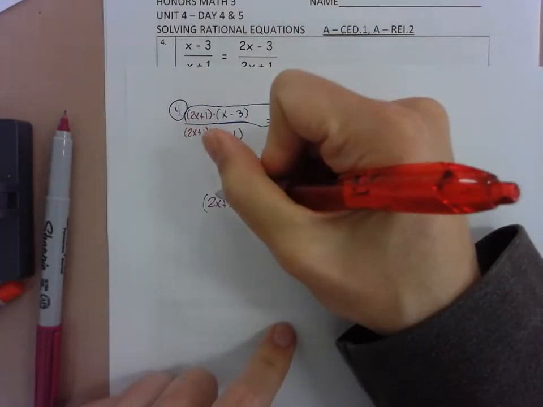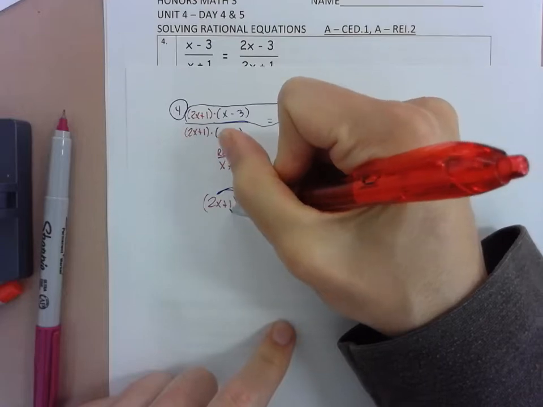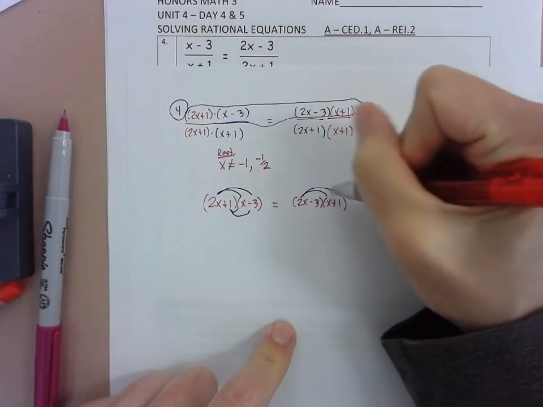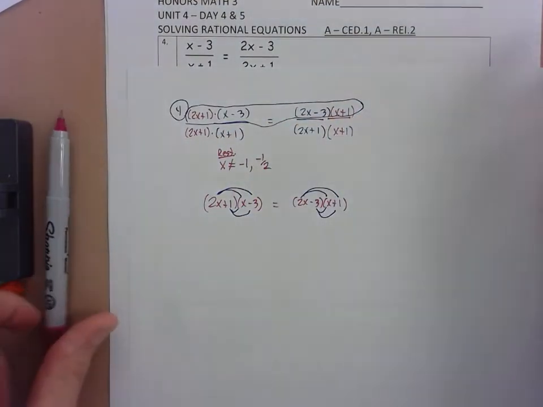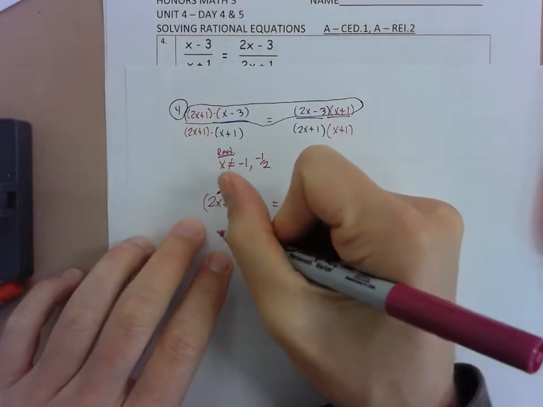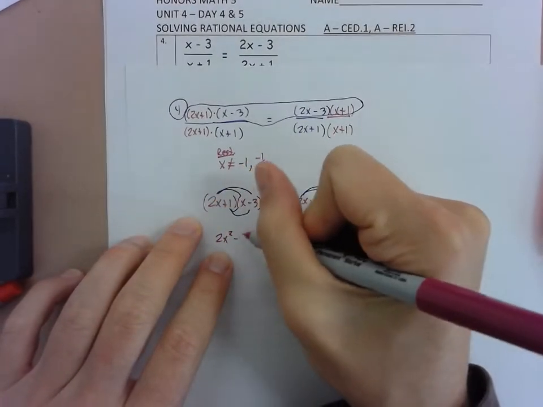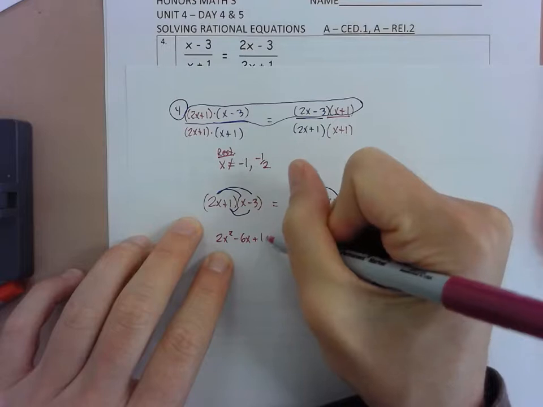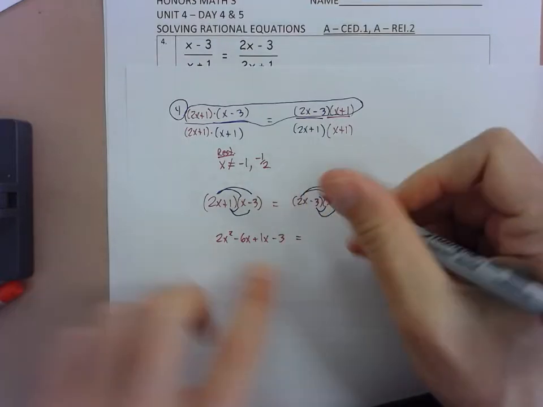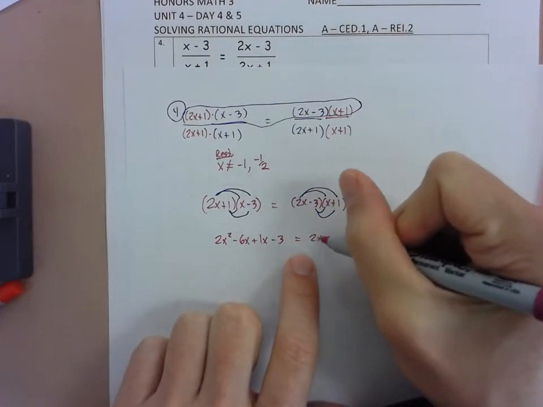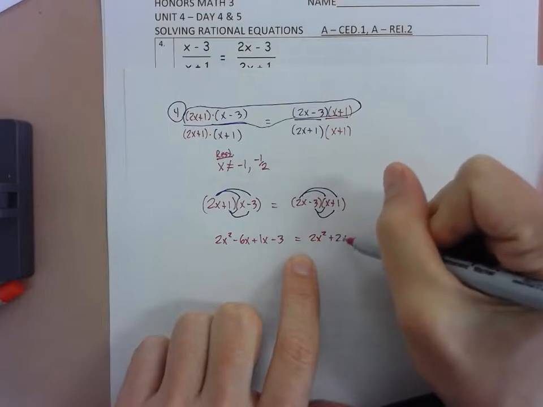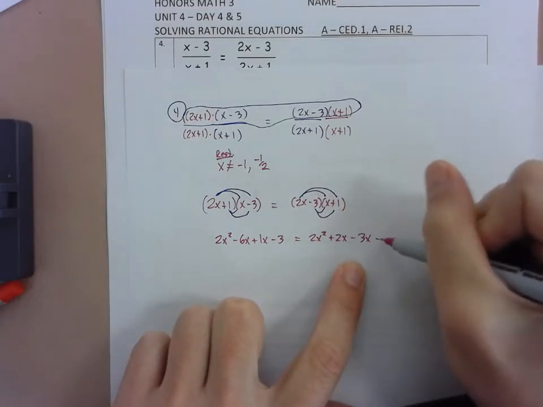Doing a little FOIL, first, outers, inners, last, first, outers, inners, last. And that's going to give me 2x squared minus 6x plus 1x minus 3 equals 2x squared plus 2x minus 3x minus 3.